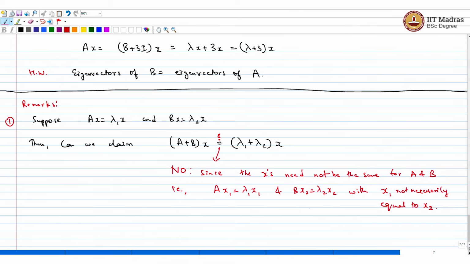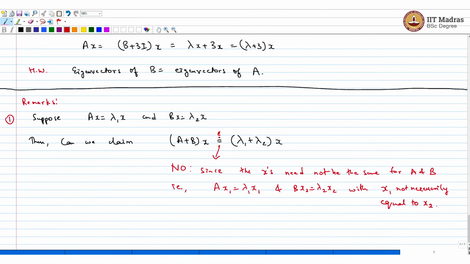The fact that we will see later, towards the end of the discussion about eigenvalue decomposition, which is following soon, is that if you have a symmetric matrix, then it has real eigenvalues.